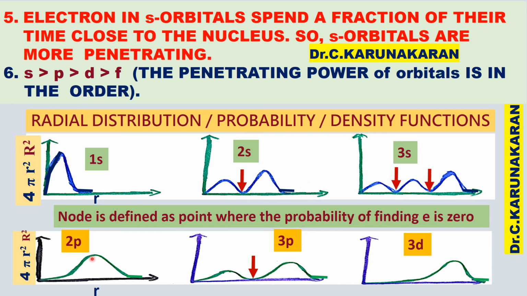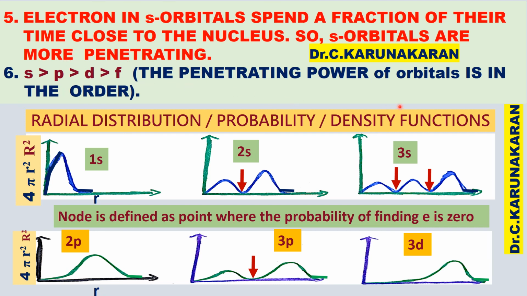Similarly, the electrons in the 2p orbital do not spend a fraction of their time close to the nucleus. They are far away from the nucleus. Therefore, the s orbitals are more penetrating.